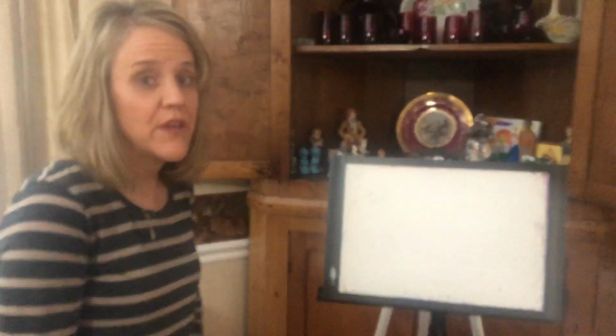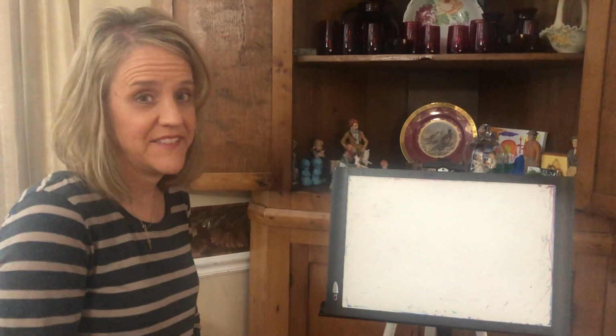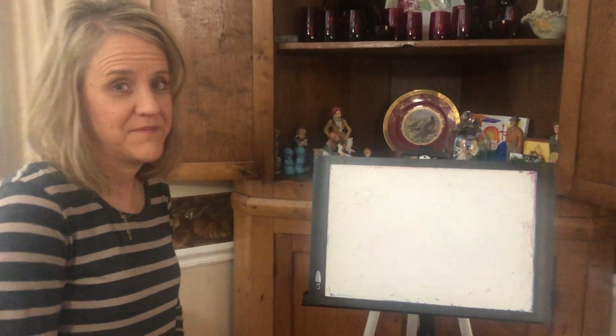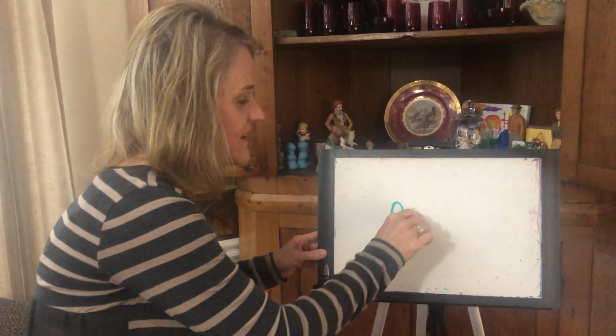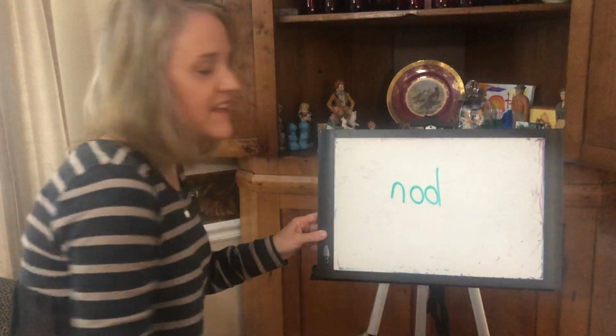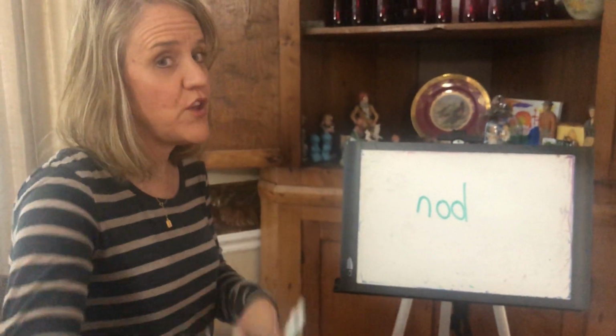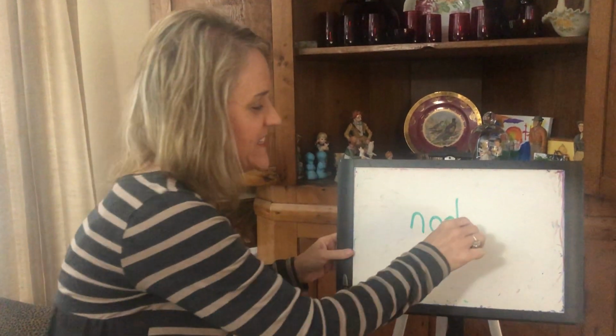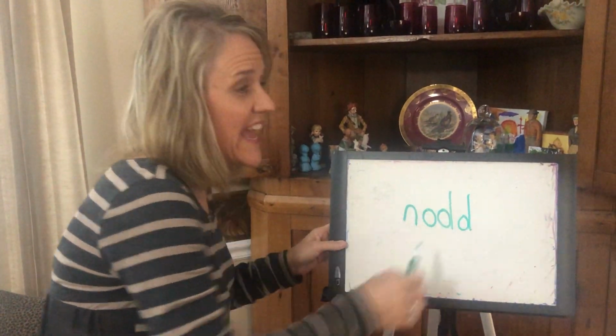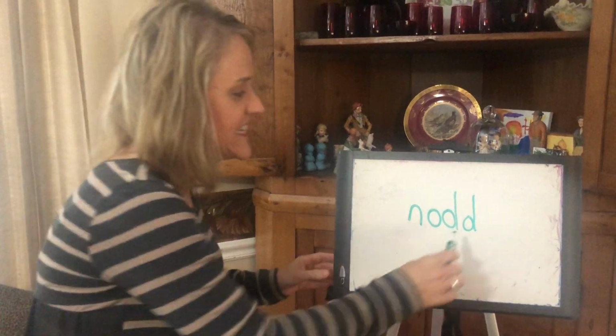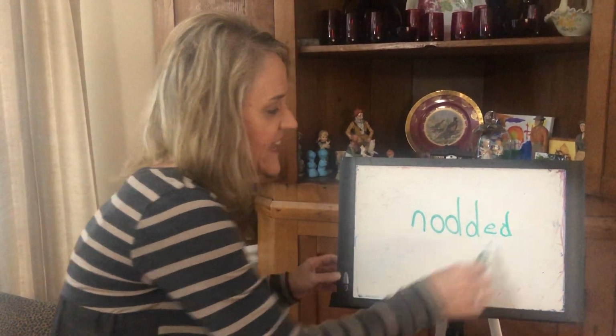Now change it to nodded. Short O followed by one consonant. So what do we do? We double that D and we add ed, that ending ed, nodded.